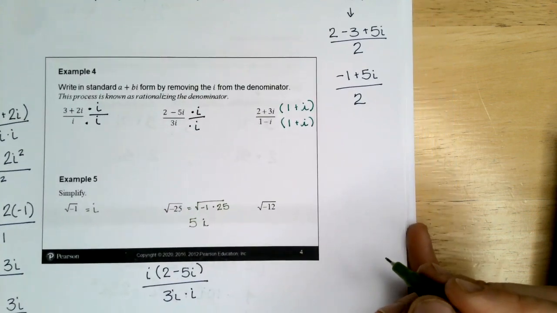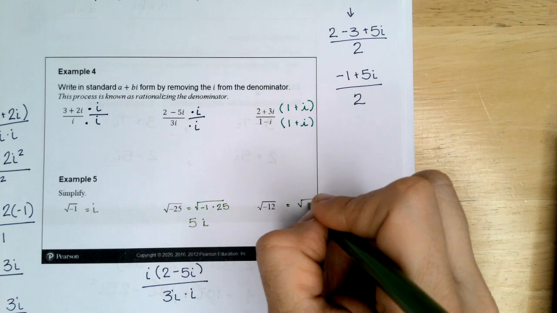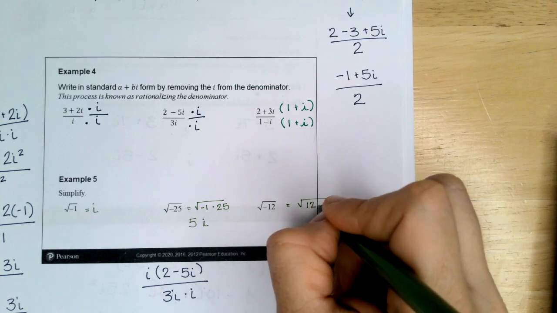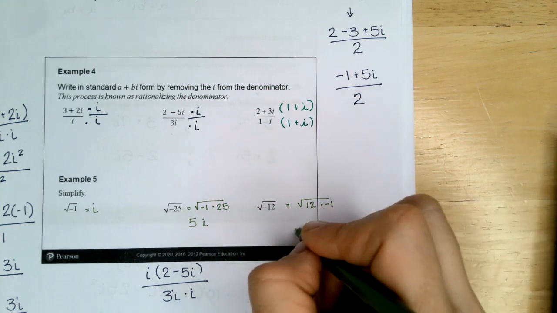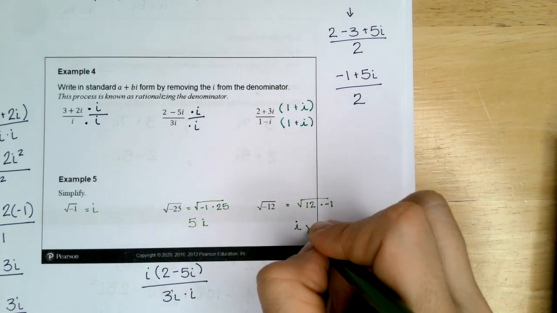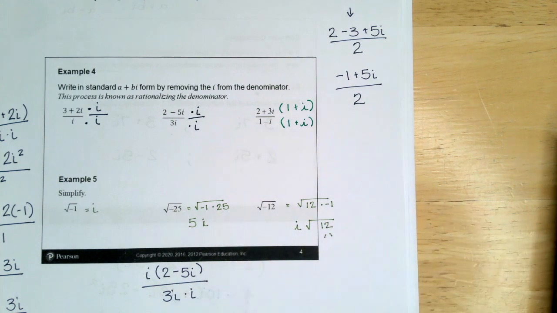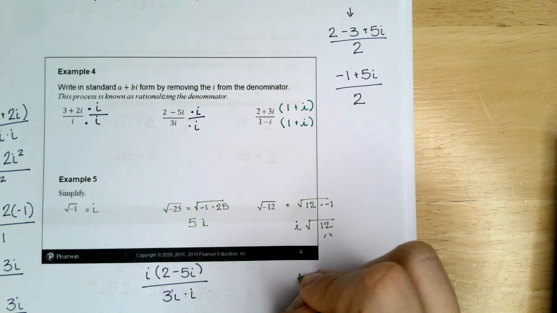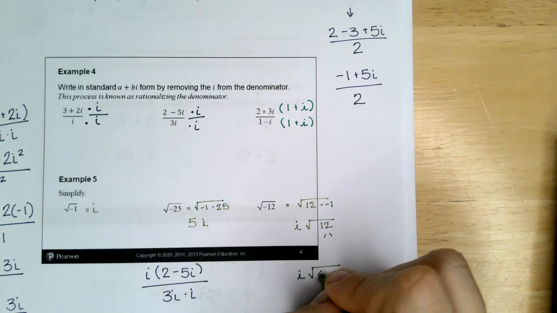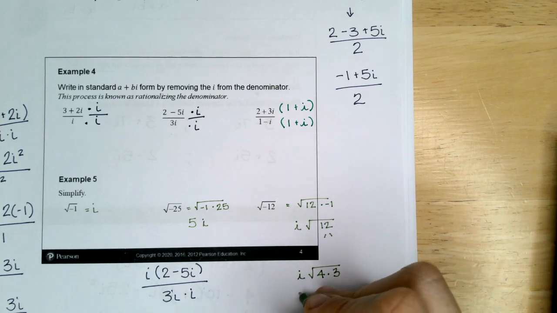The square root of negative 12 becomes the square root of 12 times the square root of negative 1. The square root of negative 1 becomes i, right? 12. Are there any perfect squares that go into 12? Yes, 4, right? So we still have i times the square root of 4 times 3. The 4 comes out as a 2.